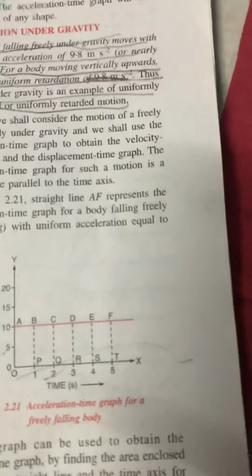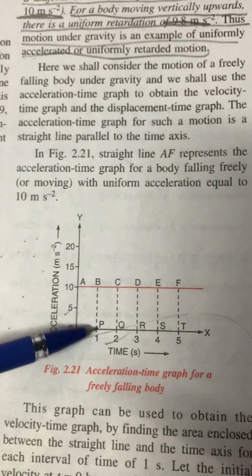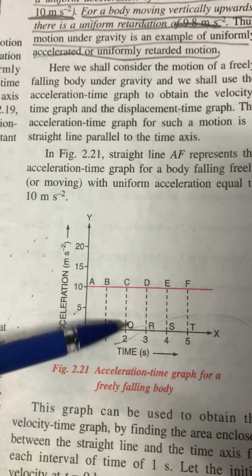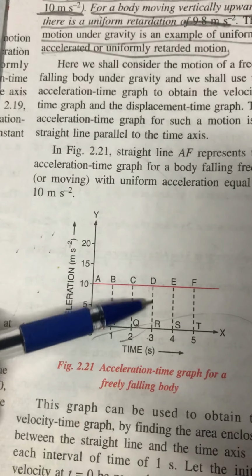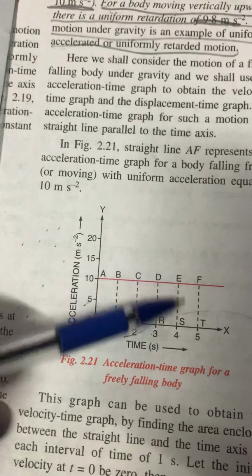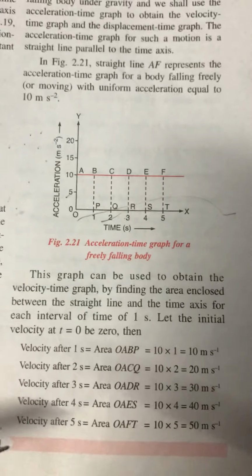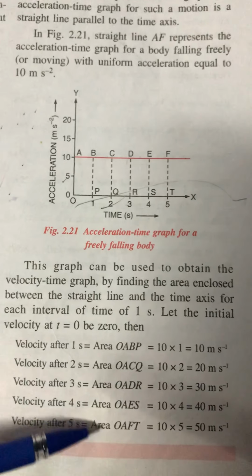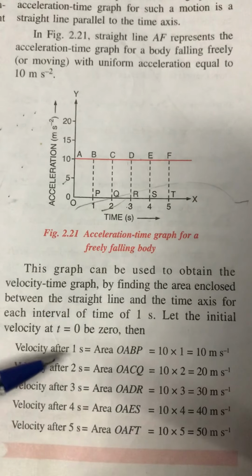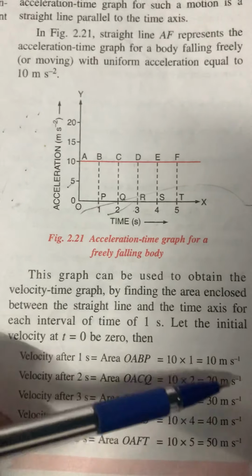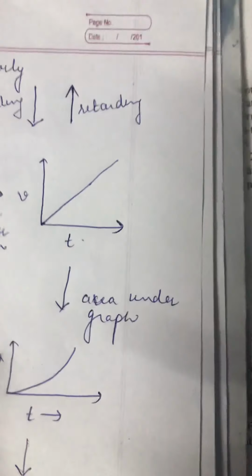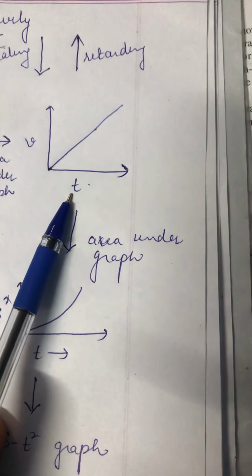So what they have done is, for 1 second we find the area of this part, then for the second second we find the area, then for the third, fourth, and fifth, so that we have the velocities for every second. Now you have time and velocities, so you can plot a graph. When we plot it, we get this kind of graph.